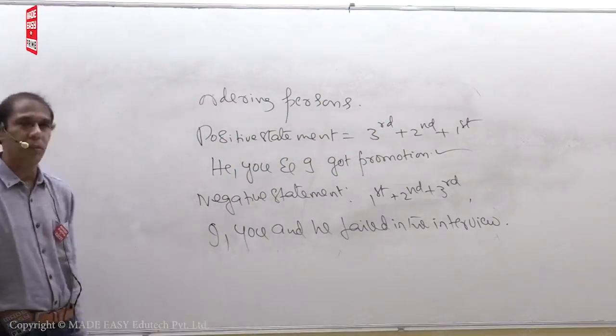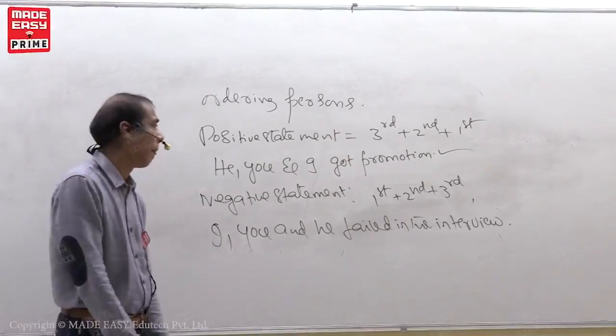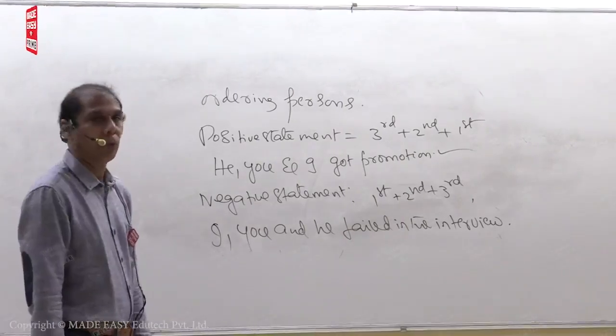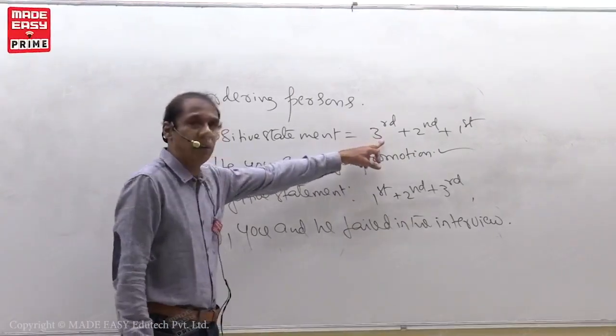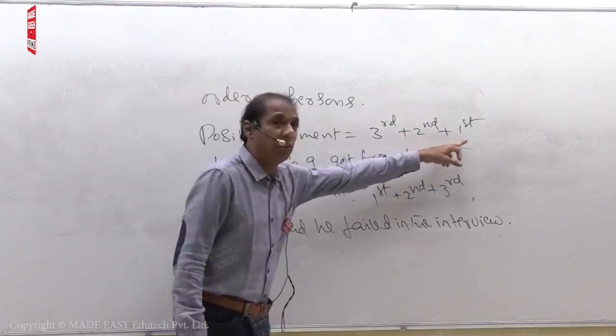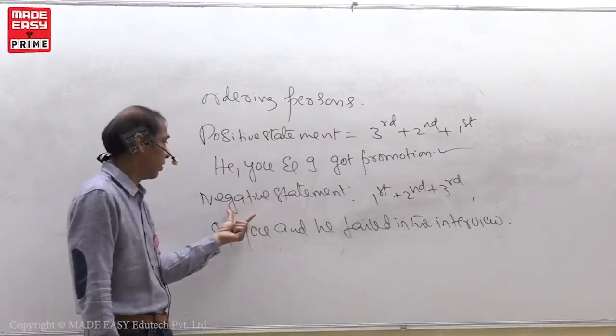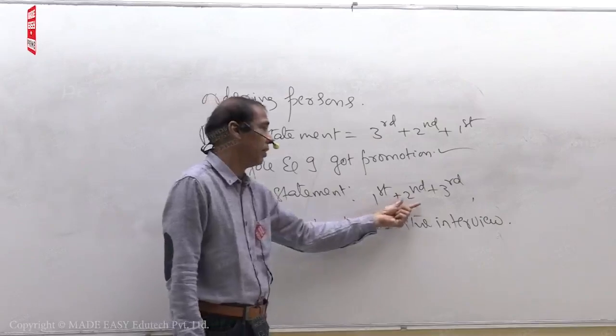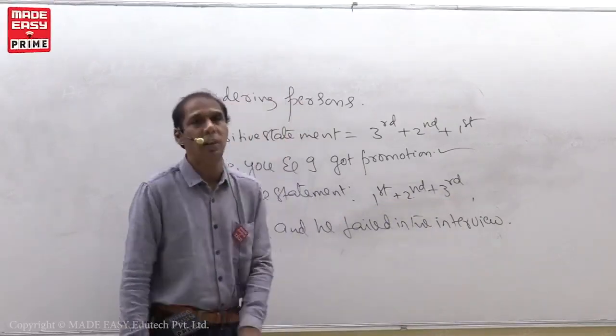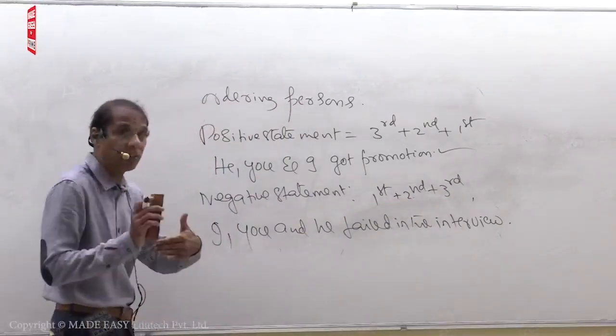In the case of positive statement, third person plus, second person plus, first person order. In the case of negative statement, first person plus, second person plus, third person is the order. That's all. Depending on the statement.